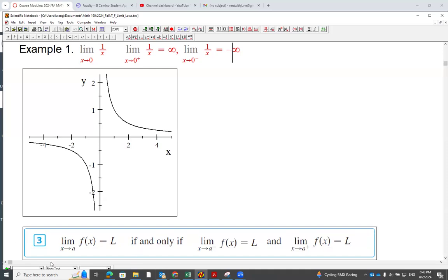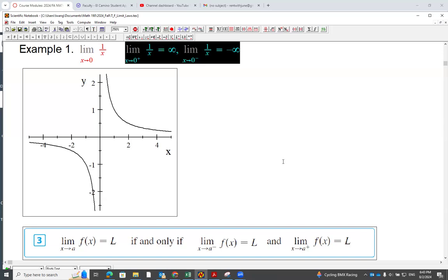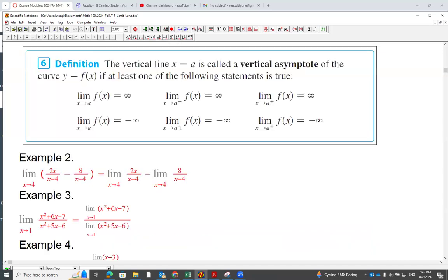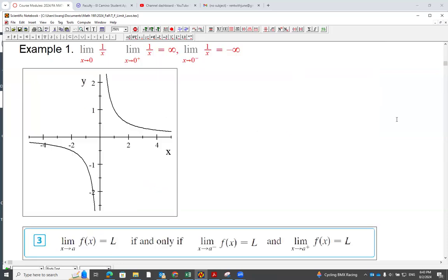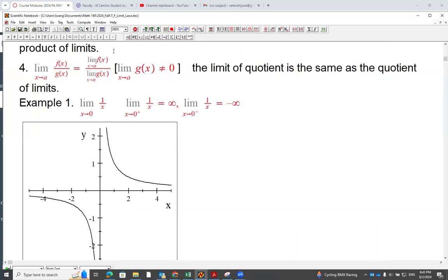The limit exists if and only if the limits from left and right both exist, and this L refers to a finite number, which does not include infinity. Even so, this observation only establishes that the y-axis, or x equal to 0, is a vertical asymptote. It doesn't say that these limits are a finite number. If you ask whether this limit exists or not, the answer is it does not exist.